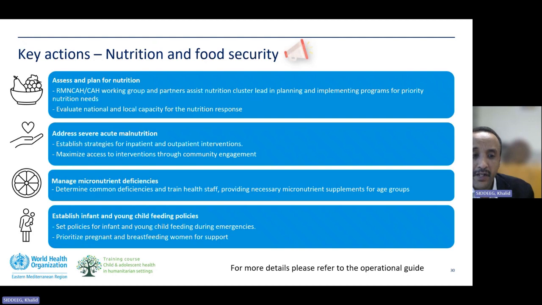And young infant and young child feeding policies, practices, and strategies are other important interventions within the overall umbrella of nutrition. We need to have interventions like early initiation of breastfeeding, exclusive breastfeeding, and complementary feeding in place. We are promoting these interventions.